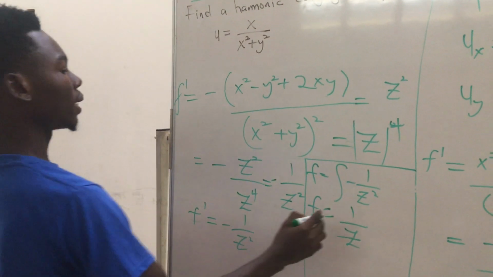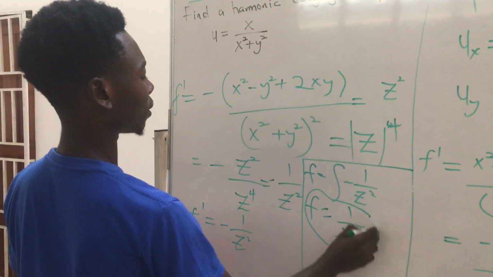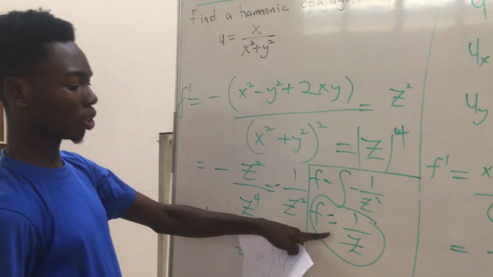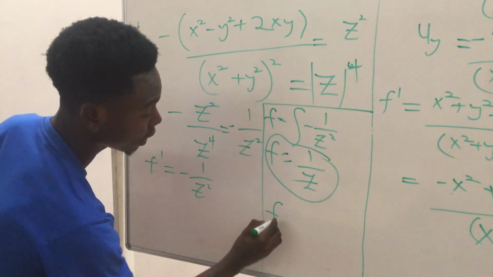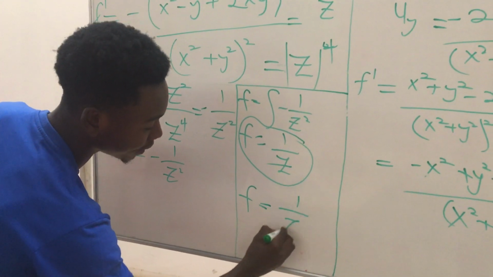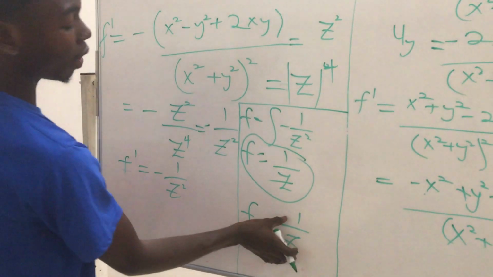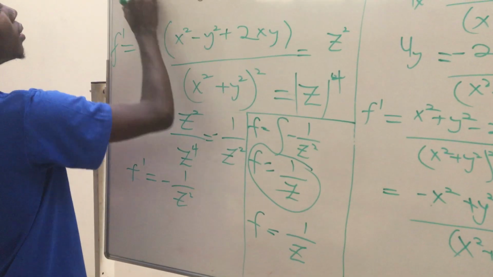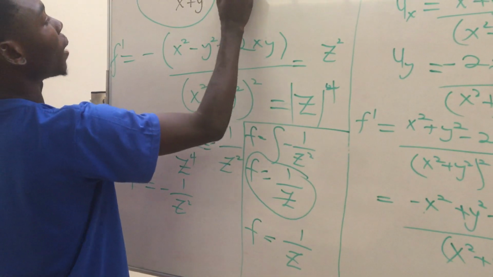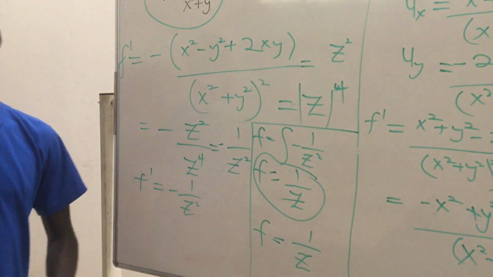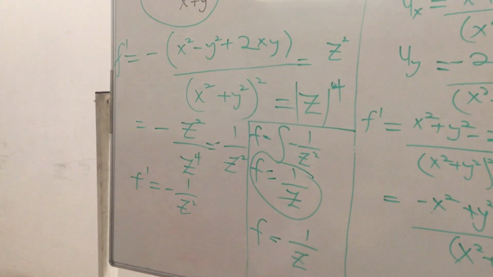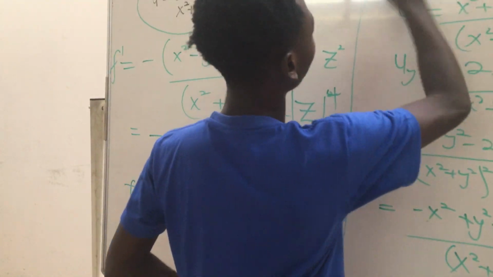So now, looking at this, that means our function, our real function, is what? 1 over Z. And in this function, our real part is given, and we are asked to find what? Our imaginary part. Are you okay?